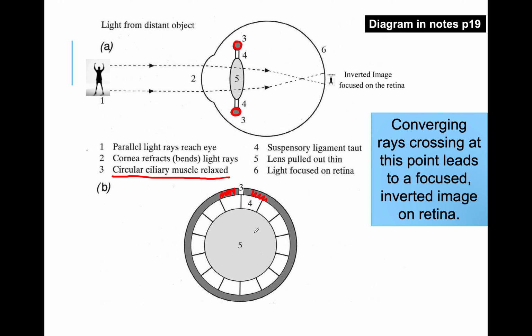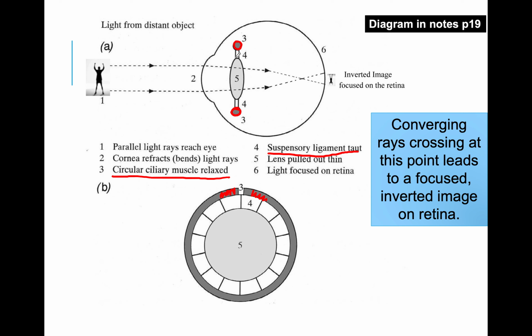Now, as they become smaller, that increases the tension on the suspensory ligament. Taut just means to tighten. Okay, it becomes taut. There's increased tension on those suspensory ligaments.